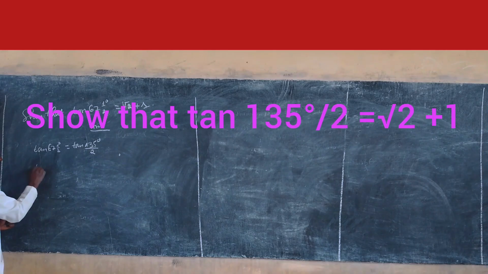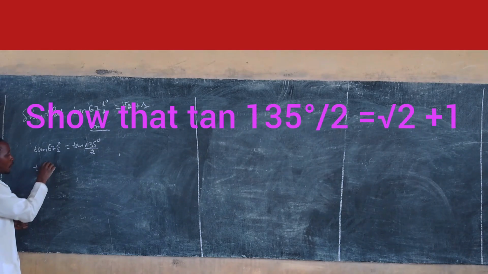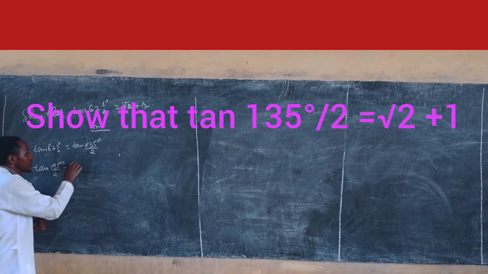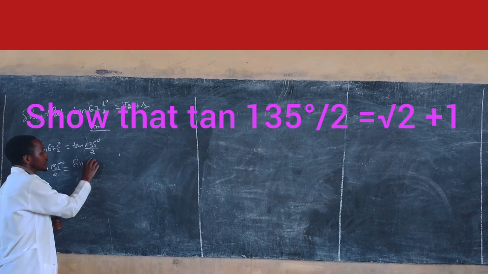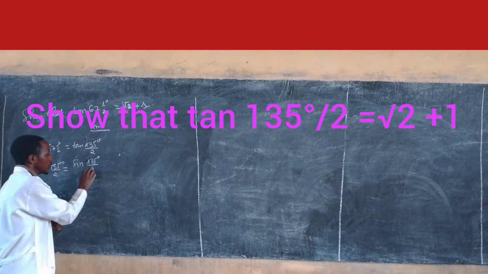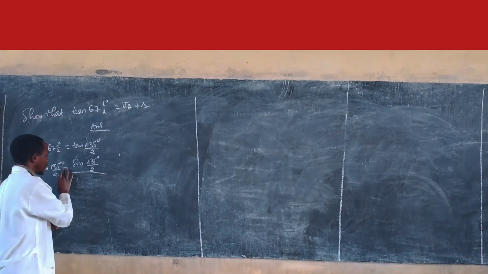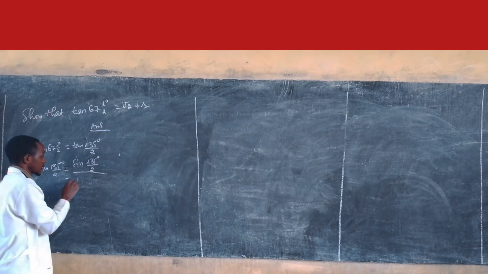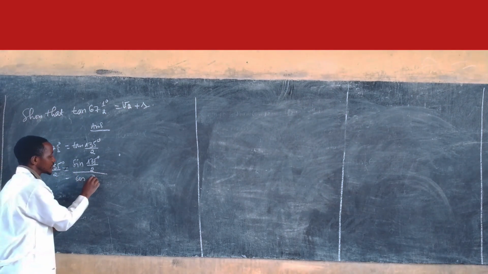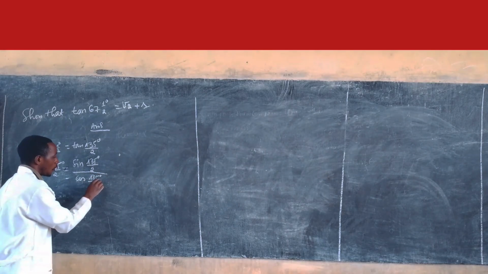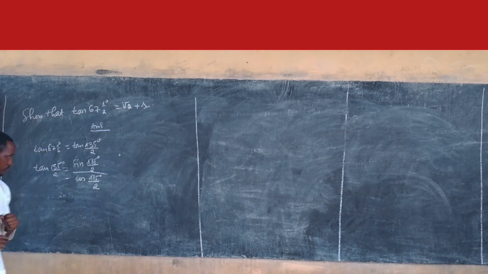Remember that tan of 135 degrees over 2 is the same as sine of 135 degrees over 2 divided by cosine of 135 degrees over 2.